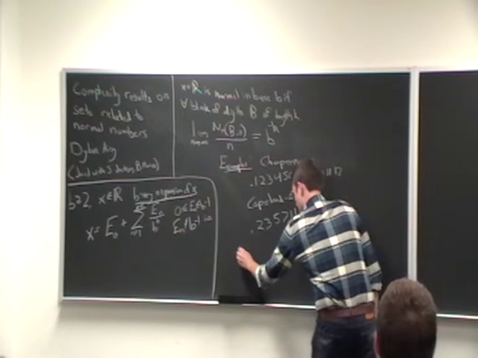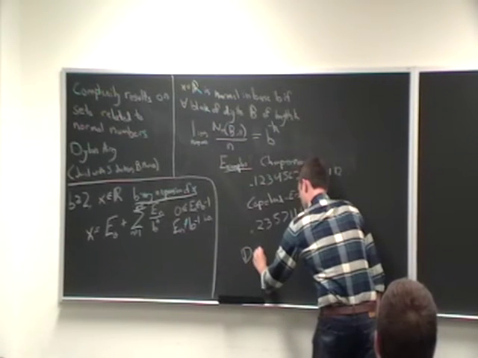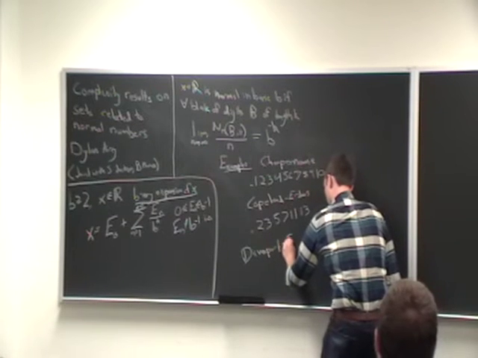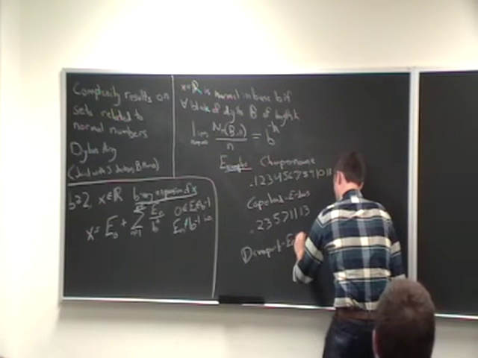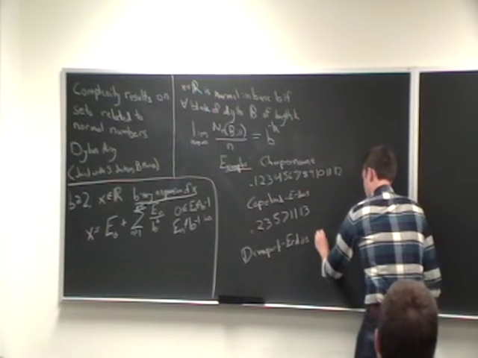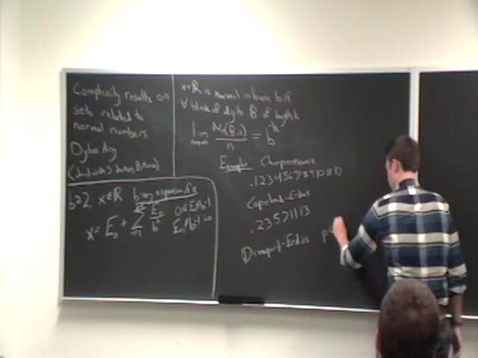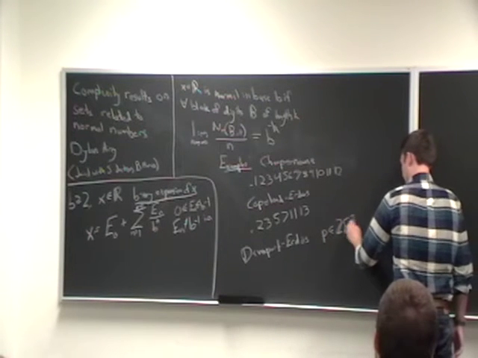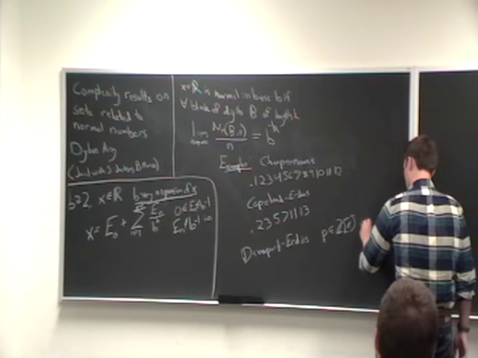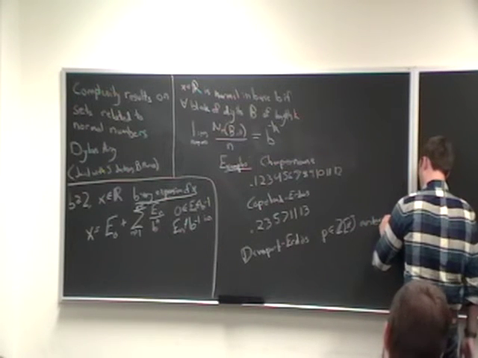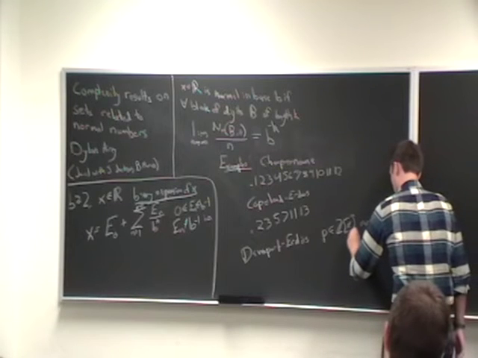And the final example that I'll mention is due to Davenport and Erdős. Say that P is a polynomial with integer coefficients, which is non-decreasing and tends to infinity.